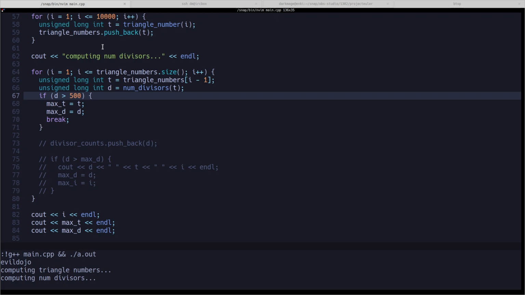But 5 divided by 3 would be 1. So if we take 1 times 3 and subtract it from 5, we get 2, which is the remainder, right?